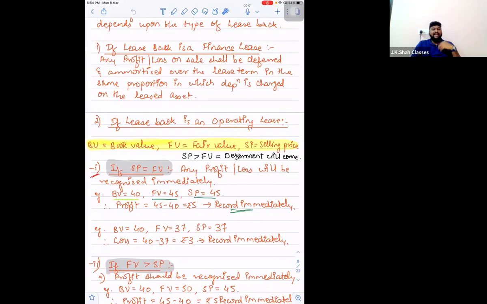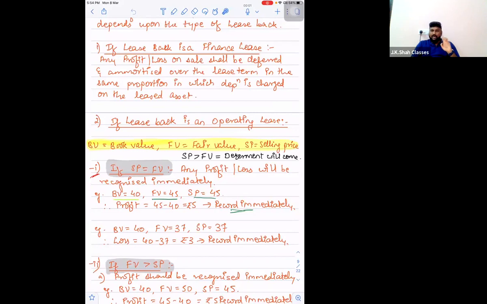I will have a fair value of my asset, say at 20 rupees in the market. But what if, because of the sale and leaseback transaction, I am able to fetch 23 rupees from my buyer? So I can say that I have fetched 3 rupees more than the fair value.